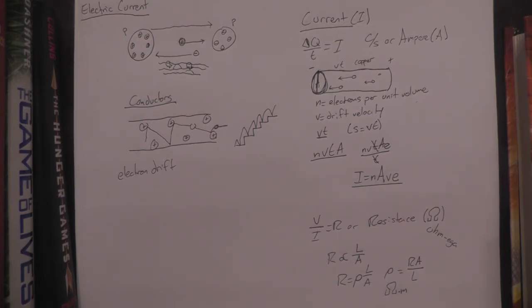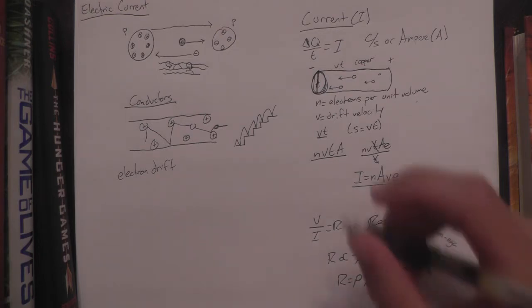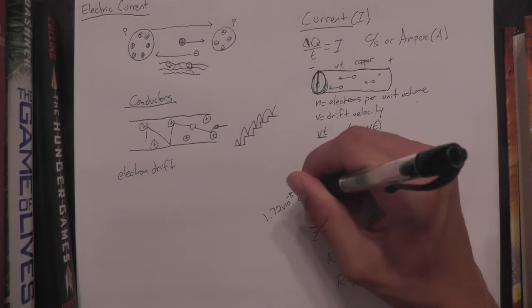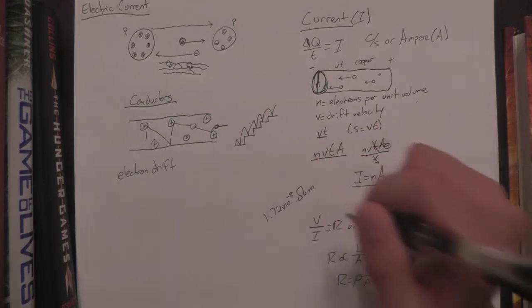Well, for something that big, the resistance is going to be pretty small because it's so huge. So resistivity is pretty low for good conductors like copper. Like the resistivity of copper is 1.72 times 10 to the negative 8 ohm meters.